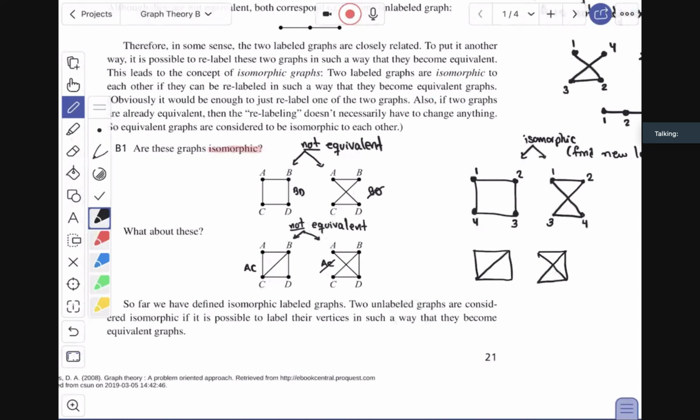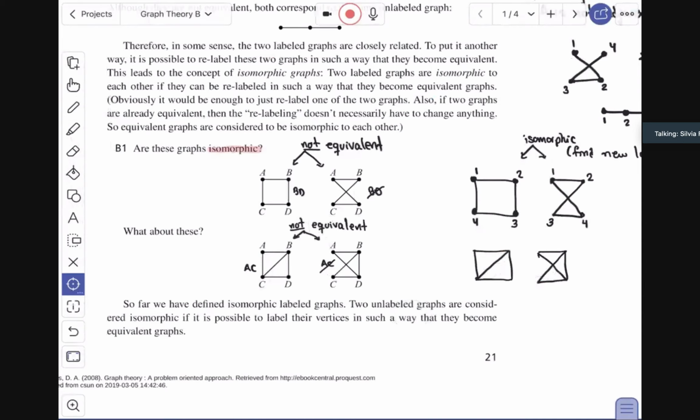Okay. So how would I do that? Well, let's go back to that question. Does having the same number of vertices and same number of edges make them equivalent? I mean, isomorphic? And I said no, but if they don't match, they're definitely not isomorphic. So let's see, I have 4 vertices and I have 4 vertices here. I actually need to have the same degrees.